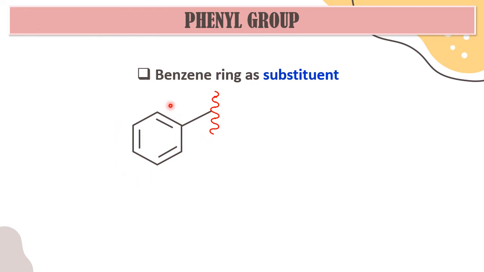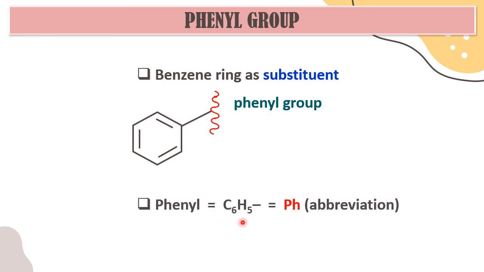So our benzene, directly bonded to the parent chain, will become a substituent, and we call this substituent phenyl. Phenyl is C6H5, and sometimes in the structure, we put it as Ph over here. Now let's look at another one.